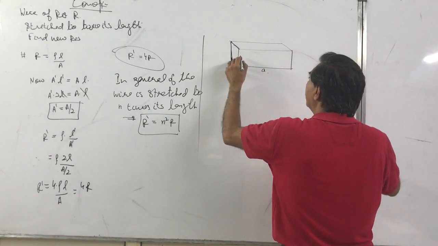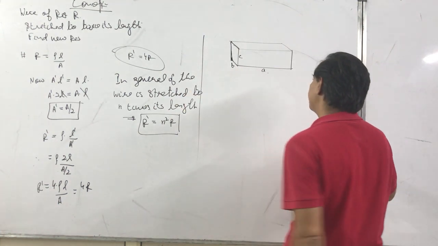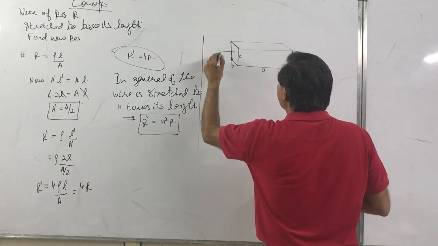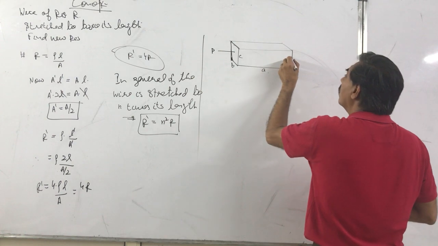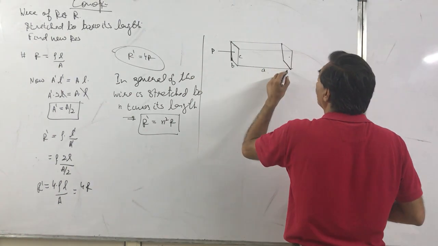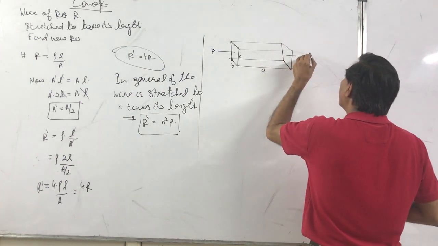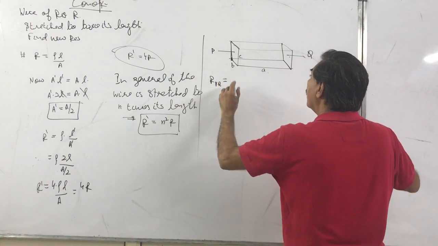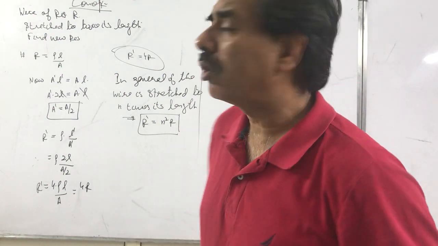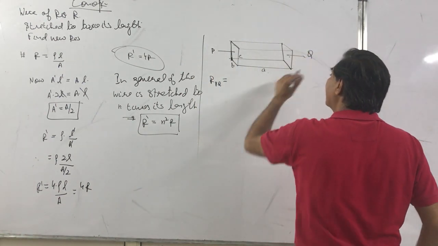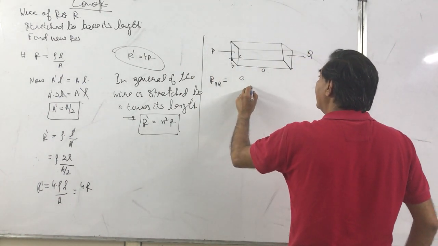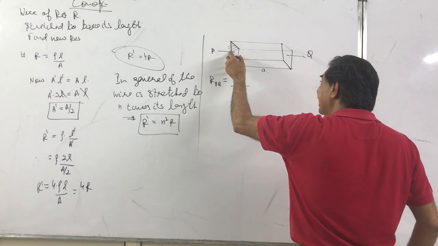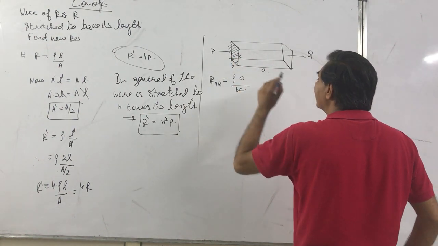The length is A, the breadth is B, and the height is C. Now the resistance across PQ, the potential difference, the battery applied across P and Q, this entire length A, right, rho L over cross sectional area कितना इतना, which is B into C.